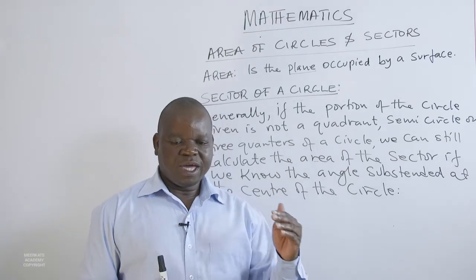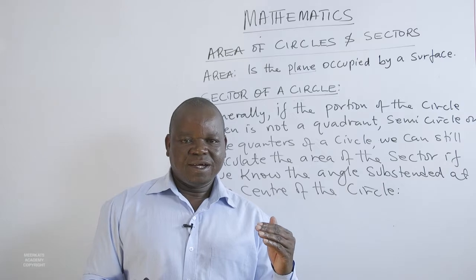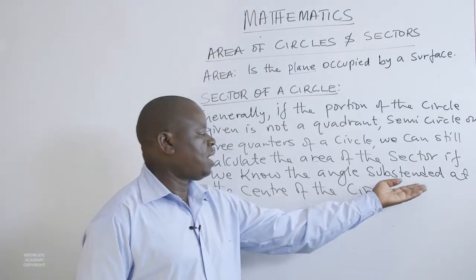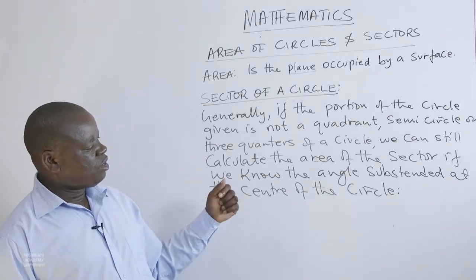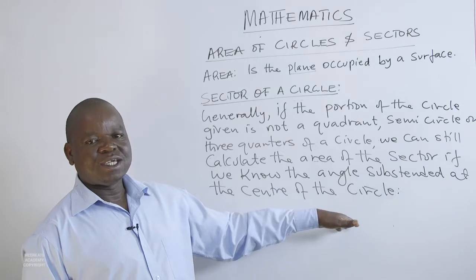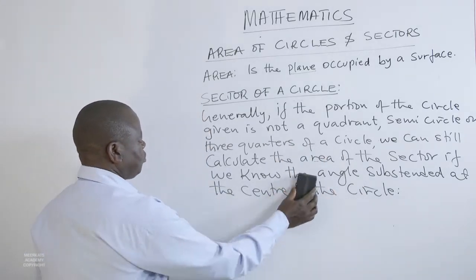So the area will be a fraction of the circle: the angle subtended at the center over 360 degrees, multiplied by the area of the circle. So, example.